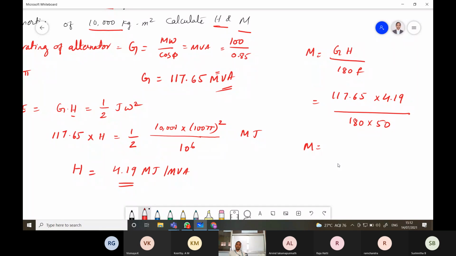So calculate the value of M. 0.0547, or 0.0548. The unit is megajoule second per electrical degree.